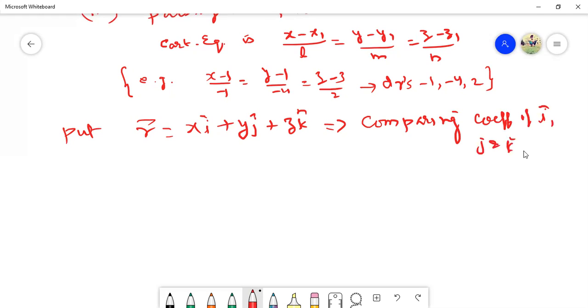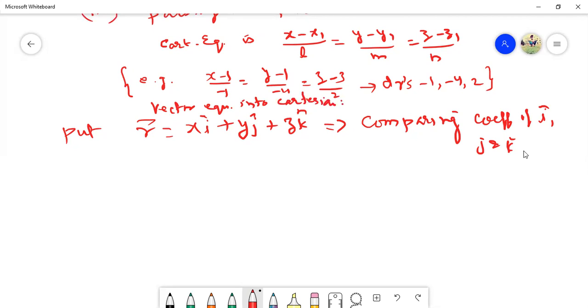This is the way to convert vector equation into Cartesian form. That we did in the first derivation.